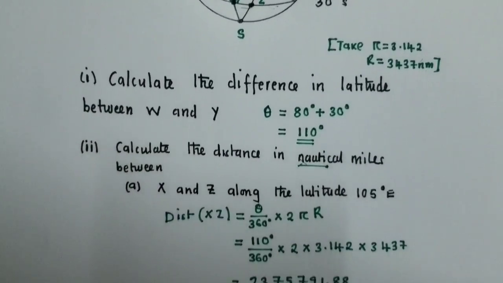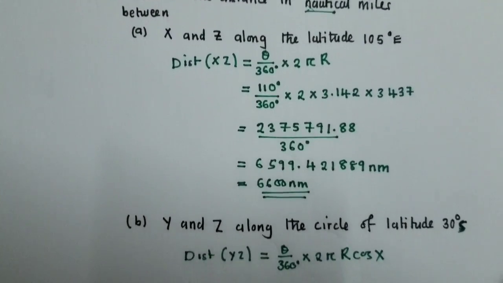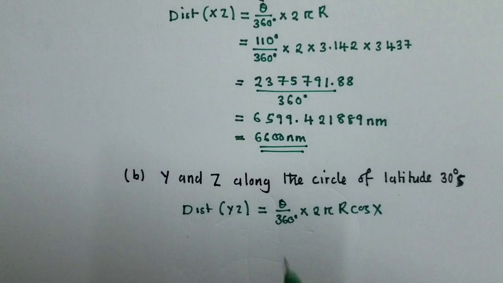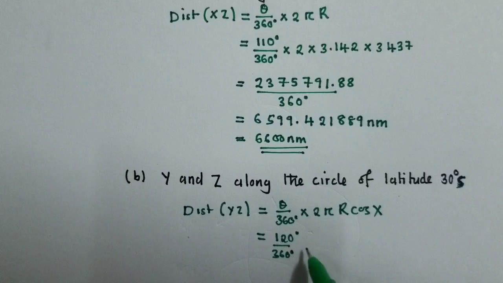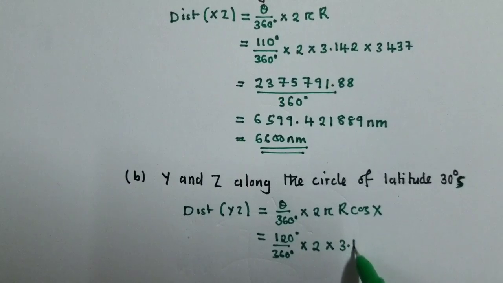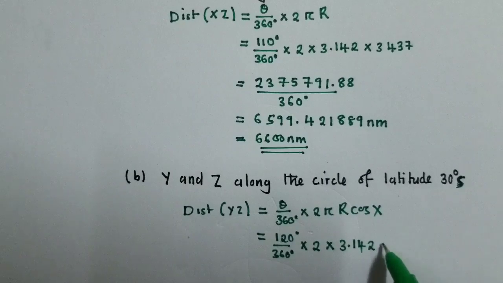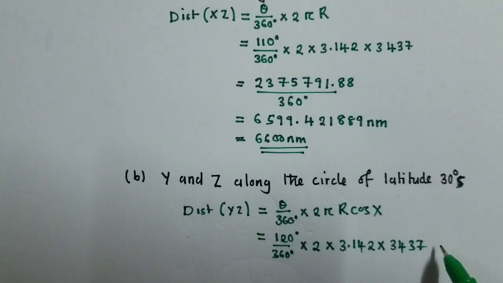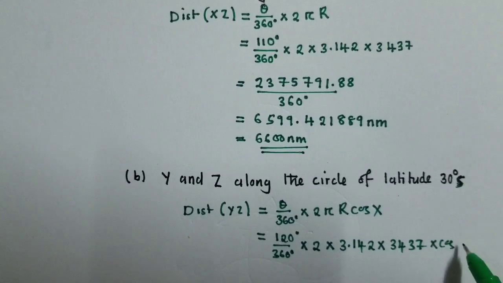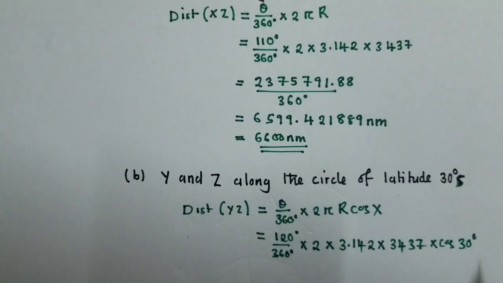So now, what is our theta? We just found it to be equal to 120 degrees over 360 degrees times 2 times pi, which we've been given as 3.142, times 3437, that is our R we've been given, times cos x, where x is 30 degrees.